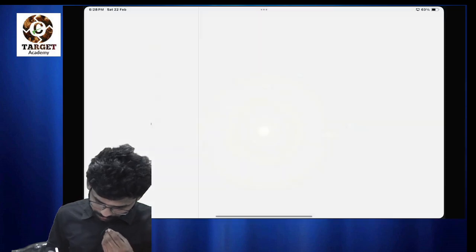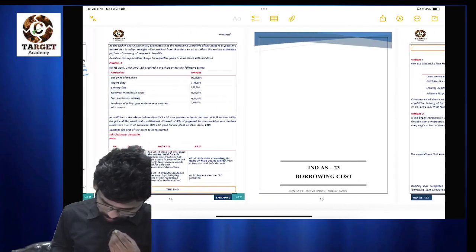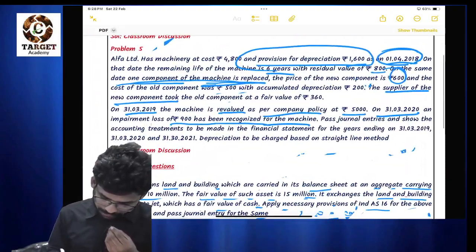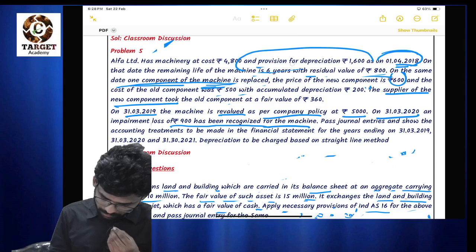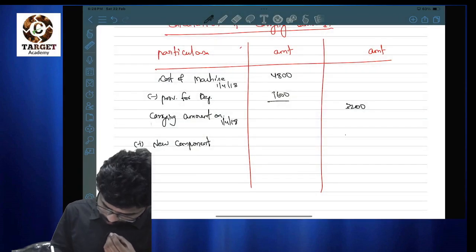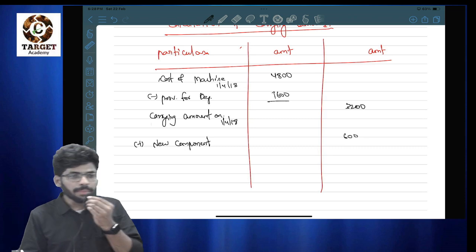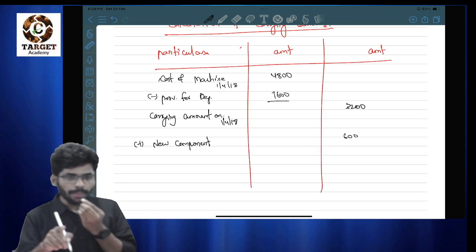How much? 600. Next, what is the treatment in case of a replacement? Recognize the cost of the new component.